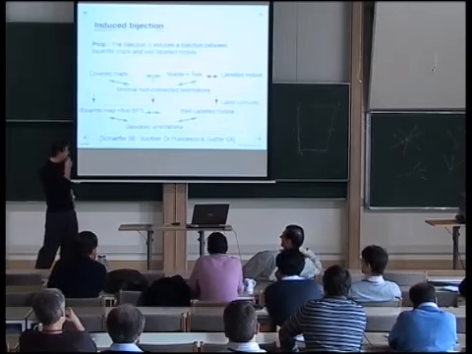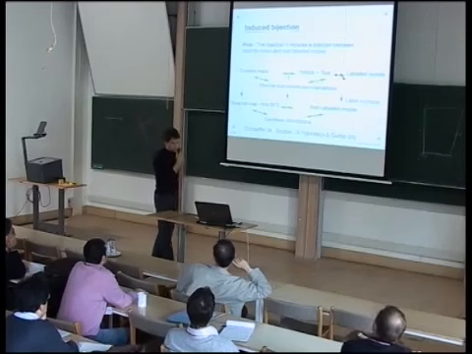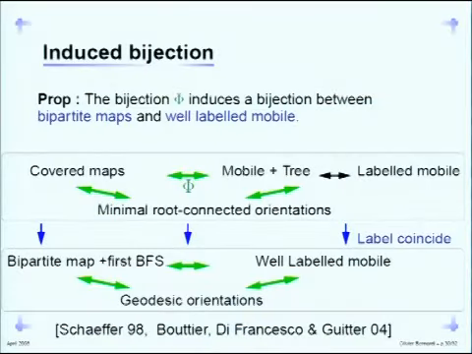Well, sorry. Okay, so what I want to say. This is the general bijection between covered maps and pairs of objects. This pair of objects, I can represent it by a labeled mobile, and if the mobile coincides around each vertex, then I fall in a subclass of a smaller bijection between bipartite maps plus the first BFS and well-labeled mobiles.